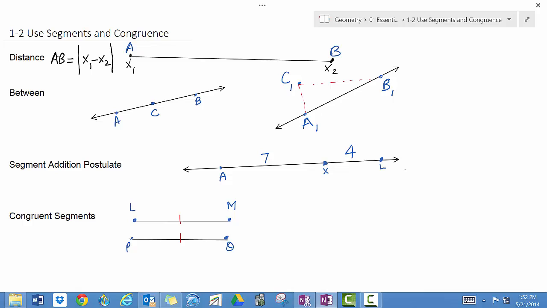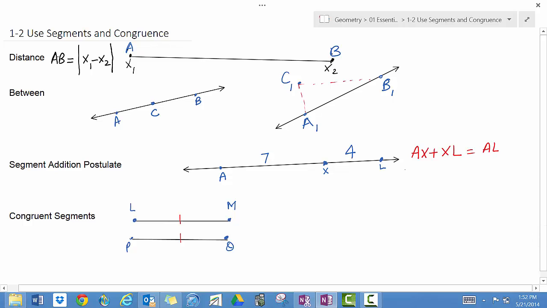We now come to the first postulate that we're learning together. It's called the segment addition postulate. And very simply what it says is that if a point X, let's say, is between the 2 points A and L, then AX plus XL equals AL, meaning that the distance between points A and L is equal to the sum of 7 and 4.